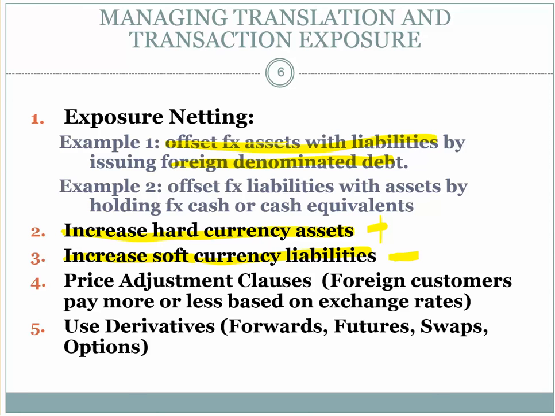An example of a strong currency might be the Japanese yen or the Swiss franc. These are currencies which are generally expected to appreciate. So if I have a subsidiary over there, I would likely try to bill them in their currency.